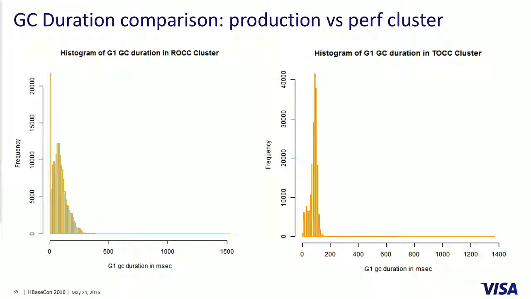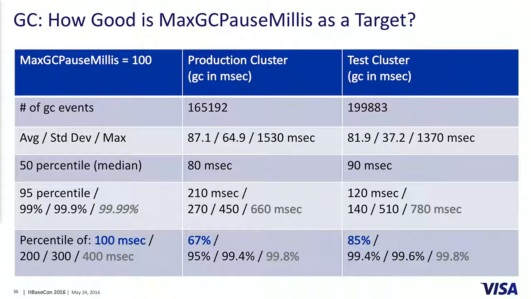If you look at these diagrams, both of them are able to handle the SLA pretty well. If you look at the 99.99 percentile, it's not too bad, okay? But you can also look at it the other way: 1 over 10,000 times, this will be more than 600 to 700 milliseconds.